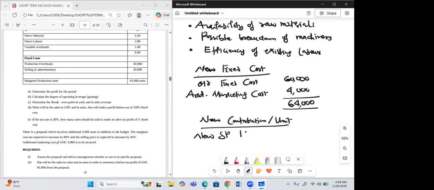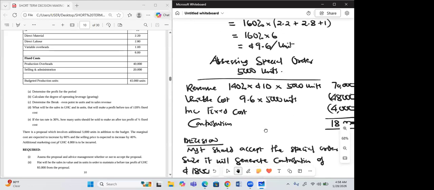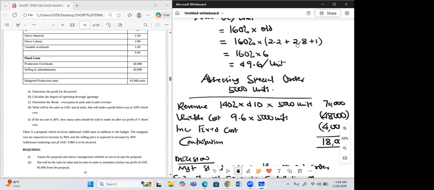Now, the new selling price is 140% of the old 10 cedis, and that will give you 14 cedis, exactly. Then the new variable cost per unit, we did it here. 9.6.